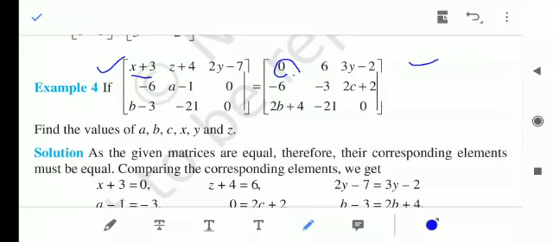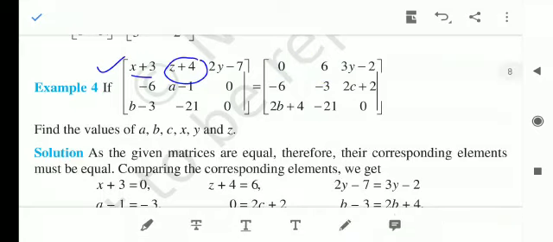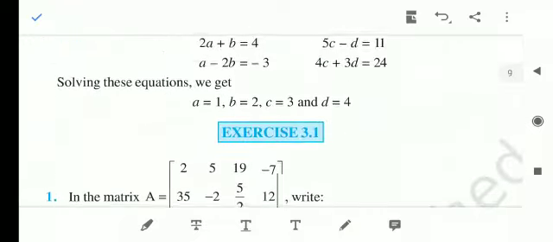In the second, a12, you can see it is z plus 4, here it is 6. So, z plus 4 equals 6, so z equals 2. In the same way 2y minus 7 equals 3y minus 2. So, on solving we get y equals -5. In this way, in equal matrices the corresponding elements are equal. With the help of this we can solve the question.